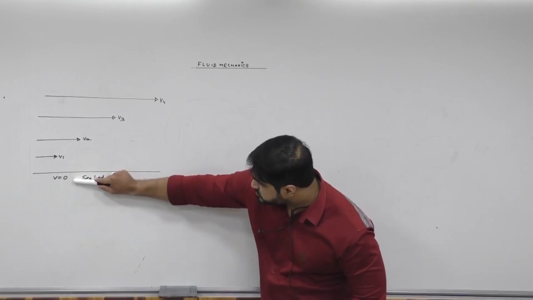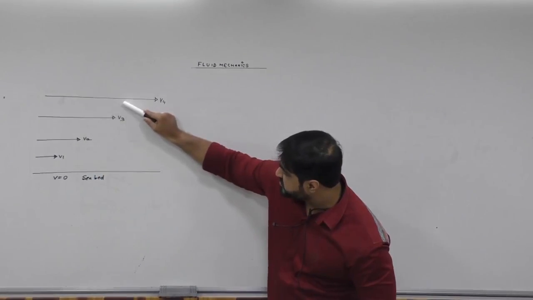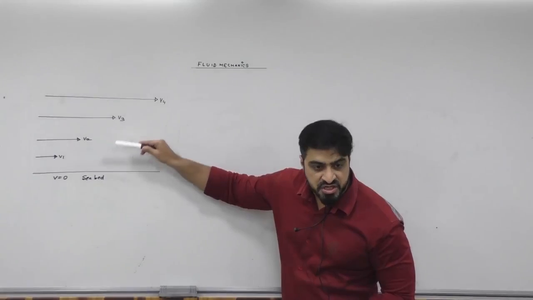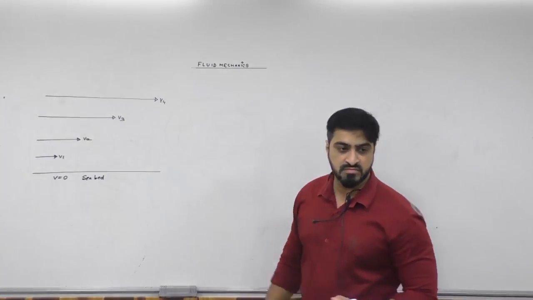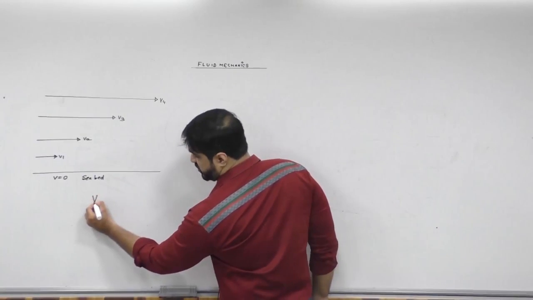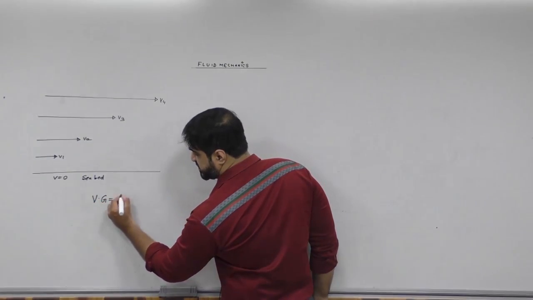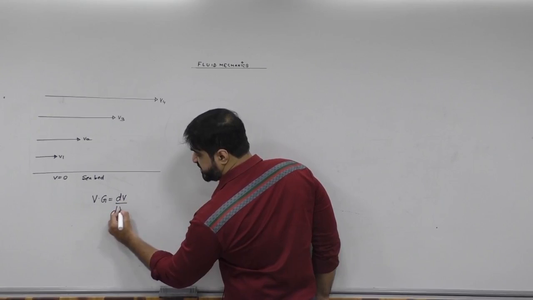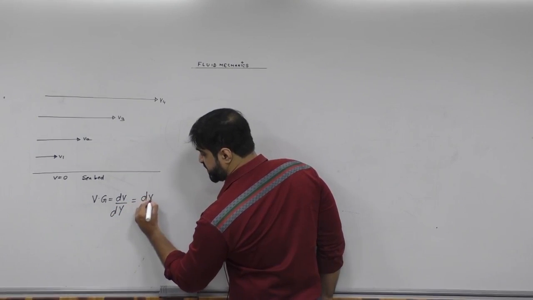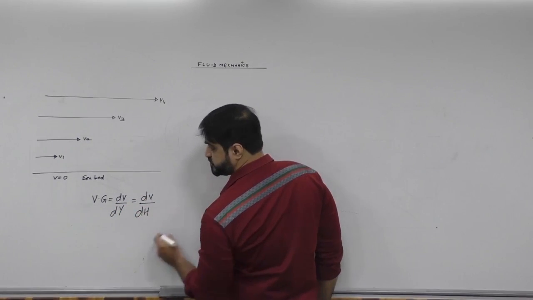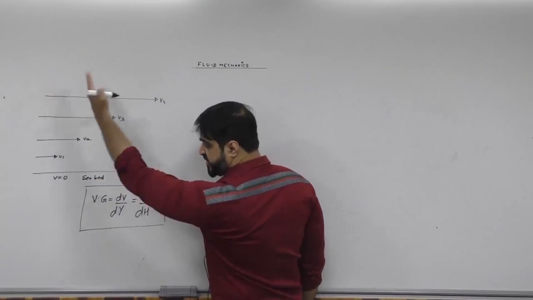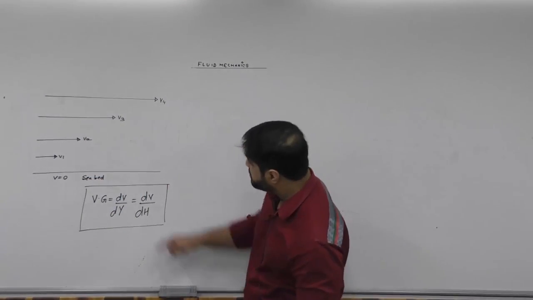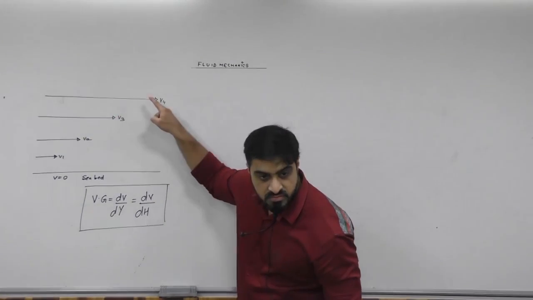V is 0, V1, V2, V3, V4. Can I say there is a change in velocity with respect to height? Velocity gradient, Vg, is dV by dy or dV by dh. This is the variation in the height, and you can see there is variation in the velocity also. Clear हो गया?